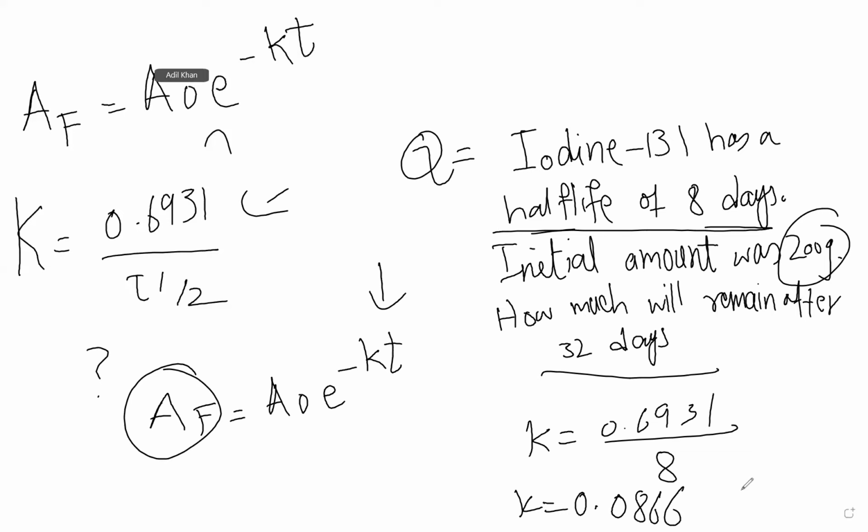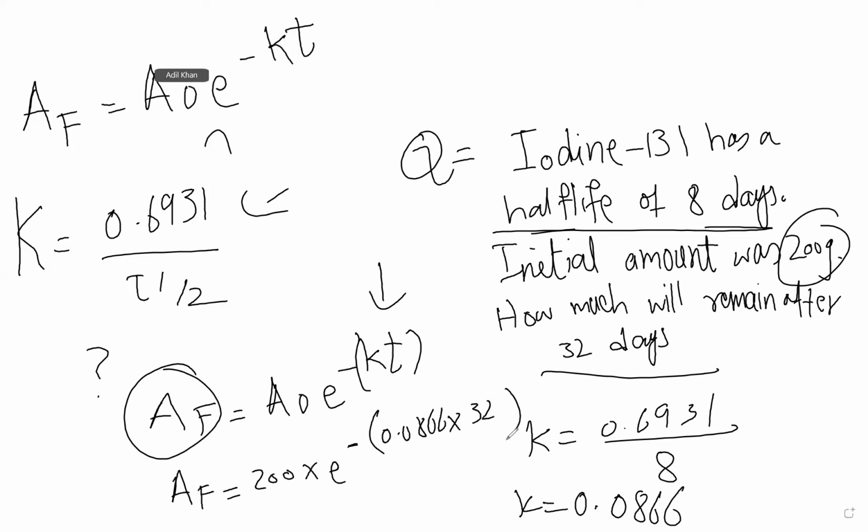Now let's plug in the whole thing and find the final amount. A final equals A naught, which is 200, times e to the negative k, which is 0.0866, times the time period, which is 32 days.